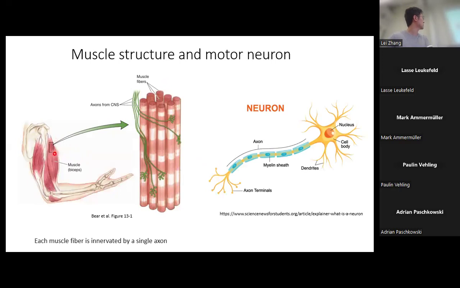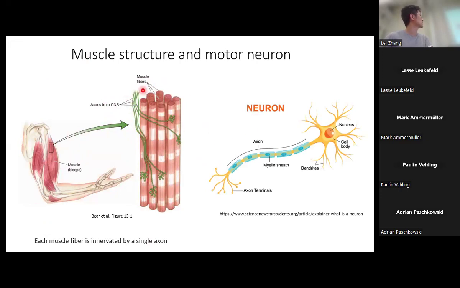If we take a muscle here, this is the biceps on the upper arm. And we look deeper into the structure of the muscle. We see that the muscle consists of many muscle fibers, these small tubes. And each muscle fiber is innervated by the axon of a motor neuron.